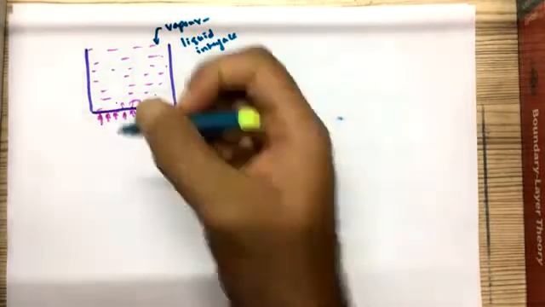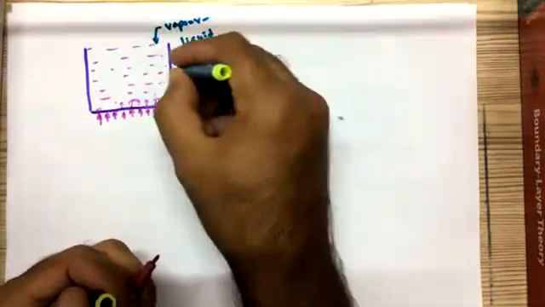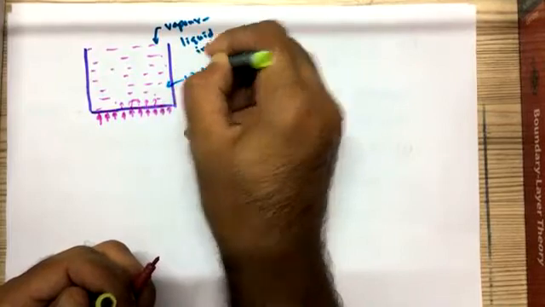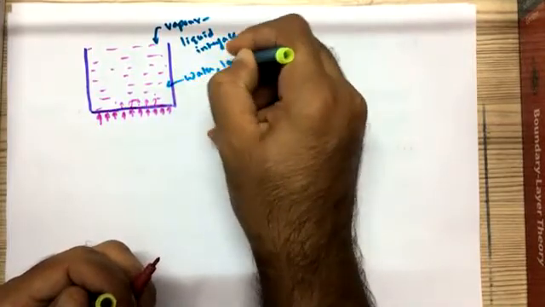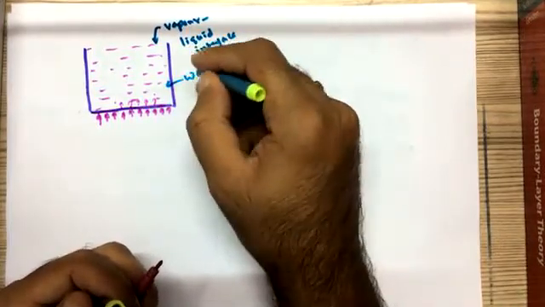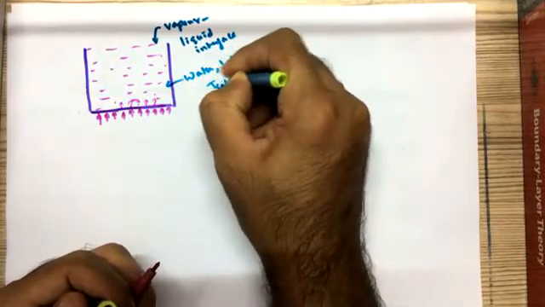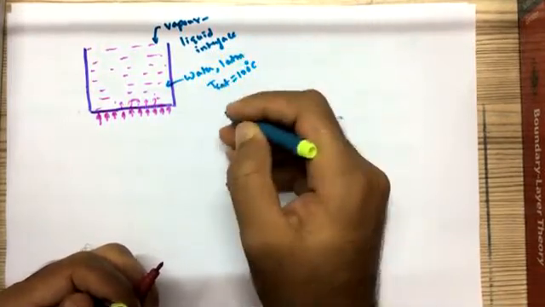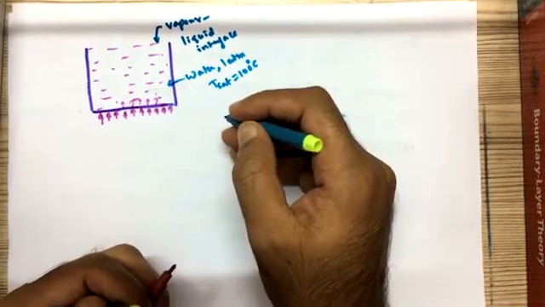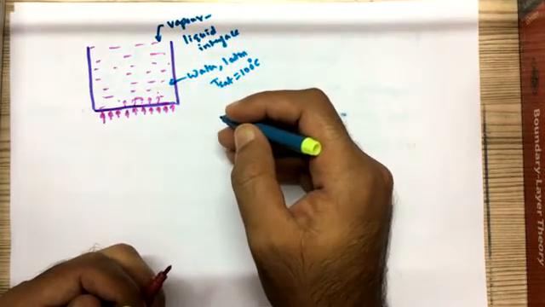Now we all know that the temperature of the liquid increases. Say for example, this is water at 1 atmospheric pressure. Water at 1 atmospheric pressure has a saturation temperature of 100 degrees Celsius.